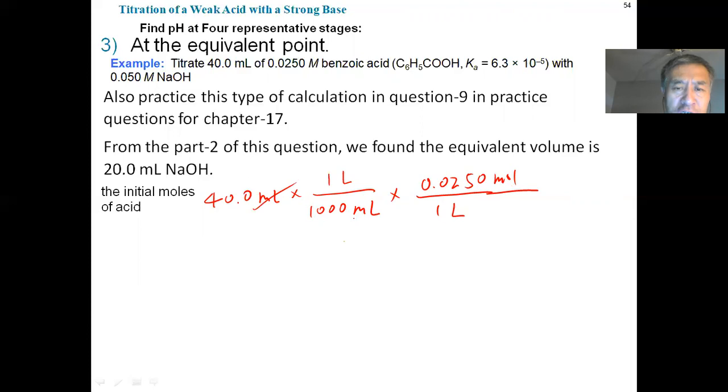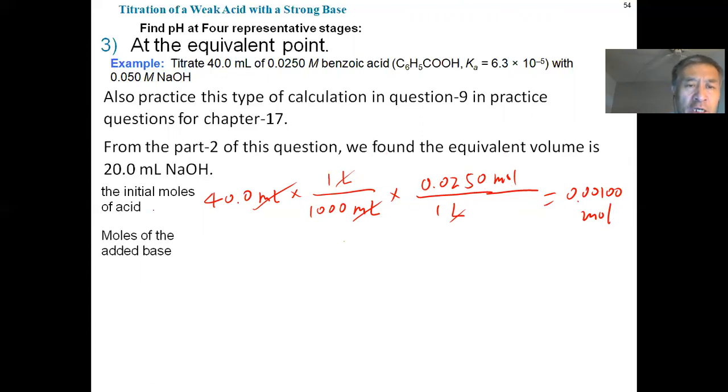We check the cancellation of the units. So therefore, we have 0.00100 moles of the initial weak acid. And then we see how much base we add. Because this is at the equivalence point, we need this many milliliters of NaOH. So we start with 20.0 milliliters, and then use the same conversion between liters and milliliters.